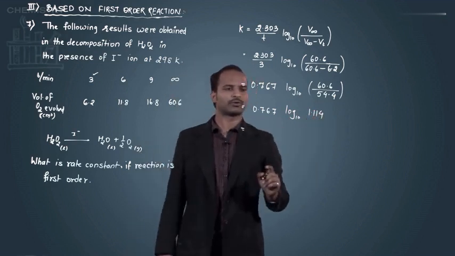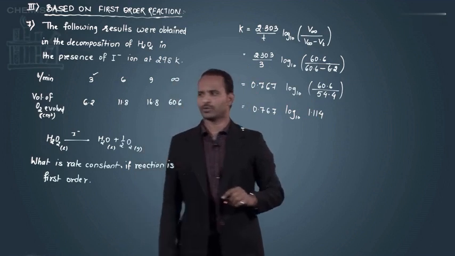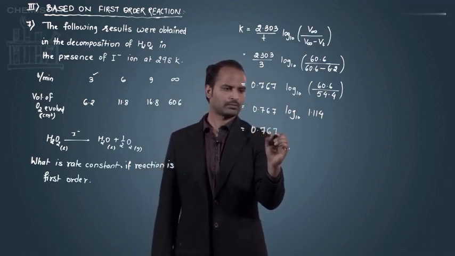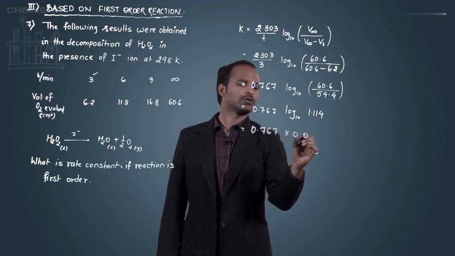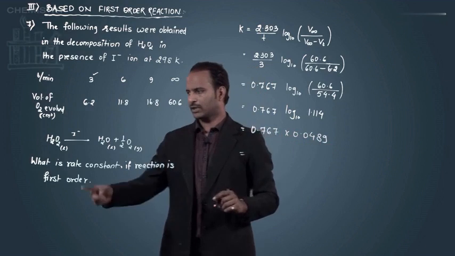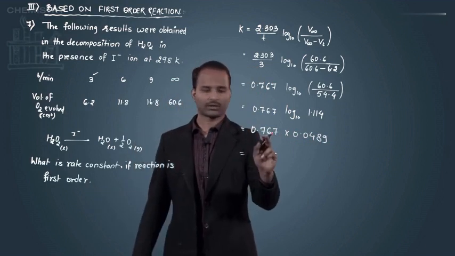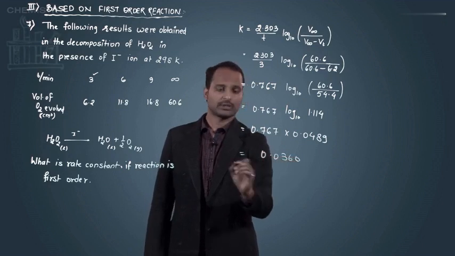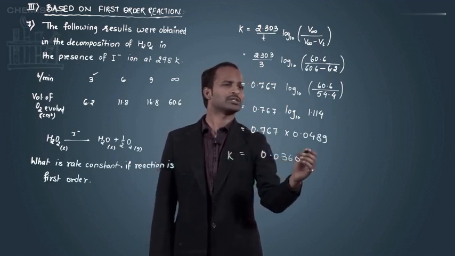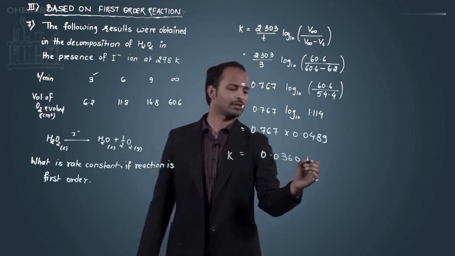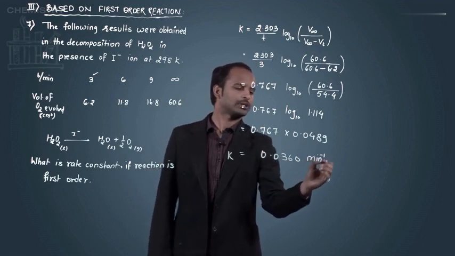And the log of 1.114 is 0.0489. And after all, we have to calculate the rate constant. So this on multiplication gives 0.0360. This is the value of K. Unit is going to be per time, first order reaction, and the time is given in minute. So it is per minute.